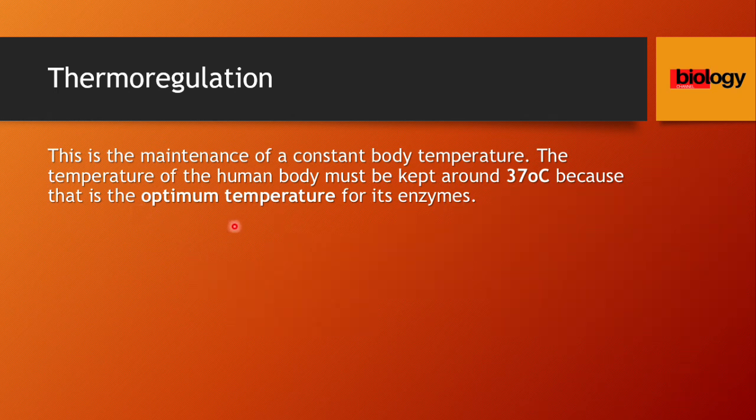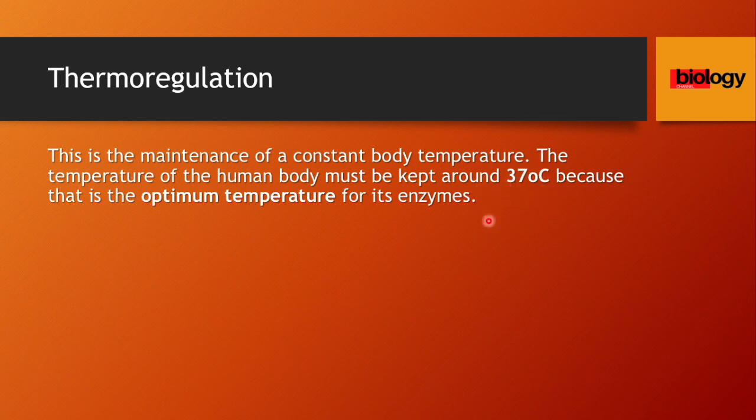The optimum temperature is the temperature at which an enzyme will work at its best. It will be very active at this temperature, known as the optimum temperature. And this optimum temperature differs with different mediums. But for a human body, the optimum temperature for enzyme activity is 37 degrees Celsius.